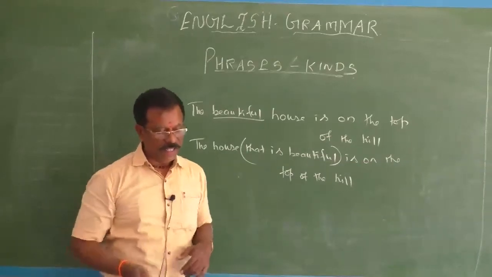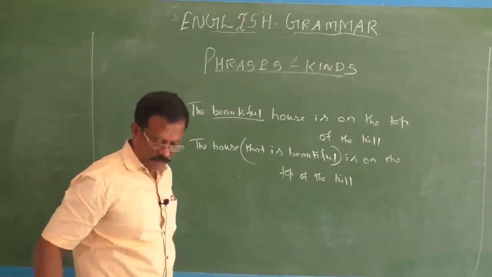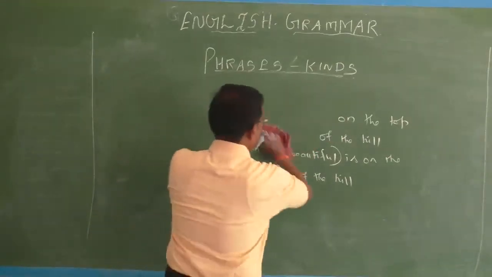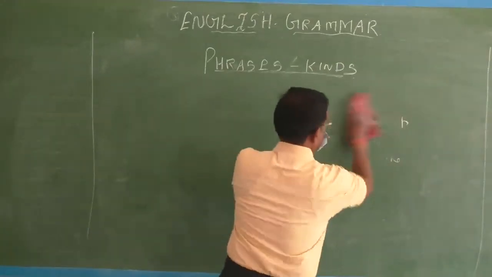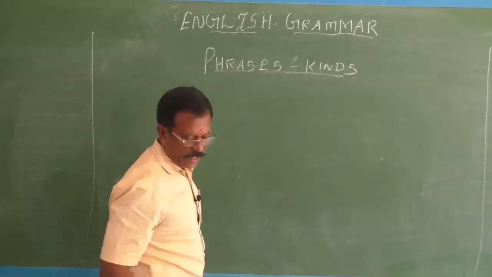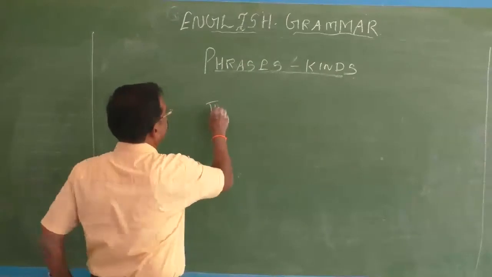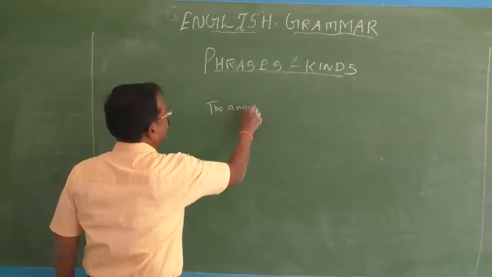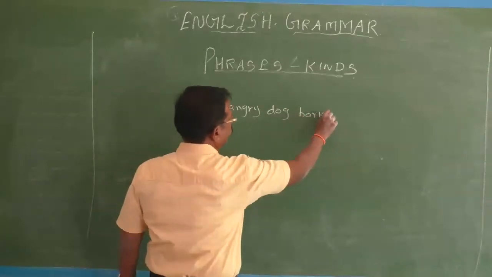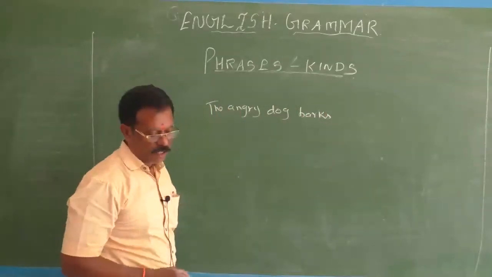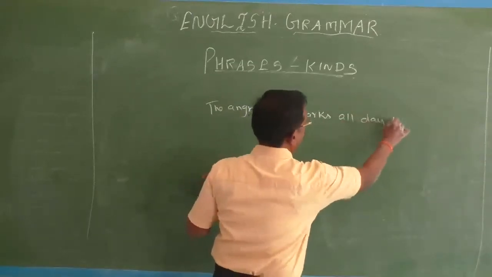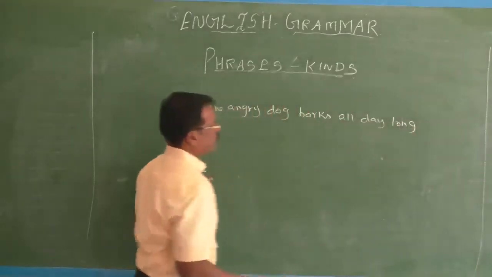For example, the angry dog barks all day long. One more example I will give you. See, the angry dog barks all day long. Here I have given you a sentence.